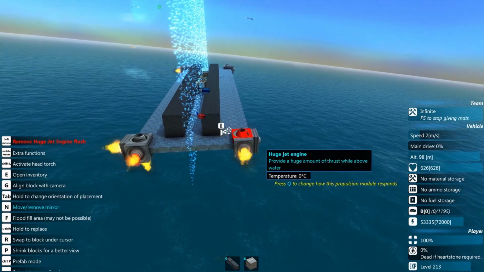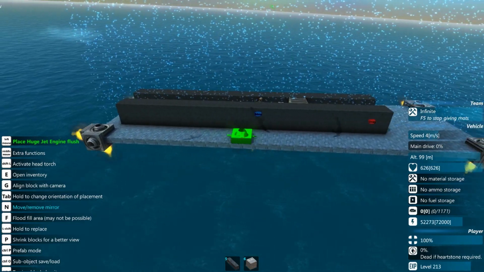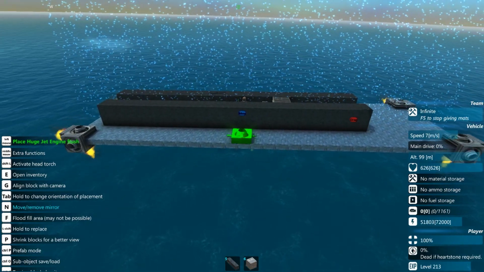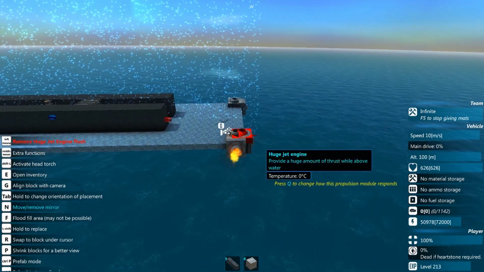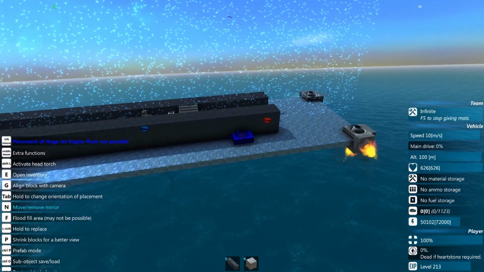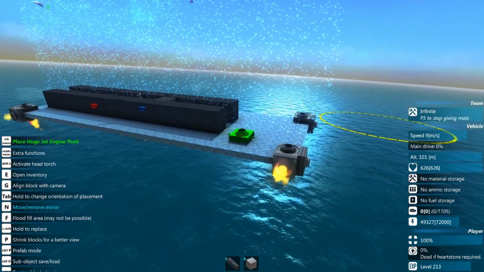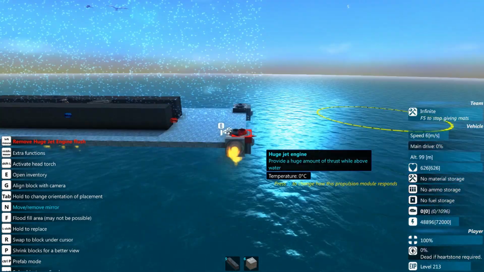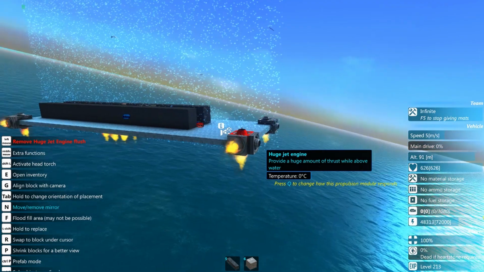If I look at these as a pitch thruster, they are about 25 blocks away from the center of mass. These up here are about 30 blocks away because our center of mass has moved backwards due to the lead block offset. So these are exerting even more control authority than the ones in the back in the direction of pitch.